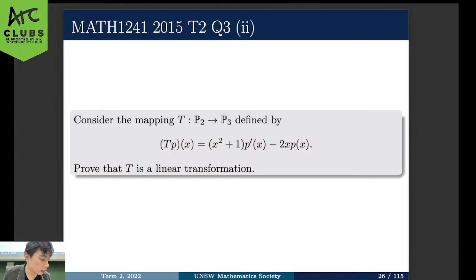So we have a linear transformation, a function defined by the transformation of p equal to x squared plus 1 times the derivative of p minus 2x times p. And we need to prove that it's a linear transformation.